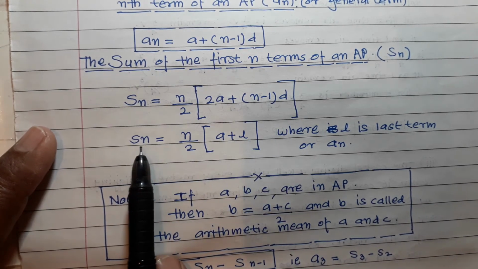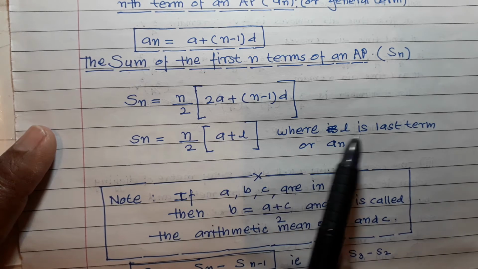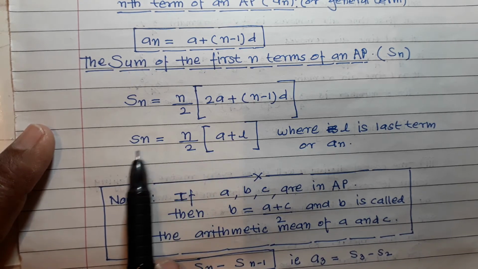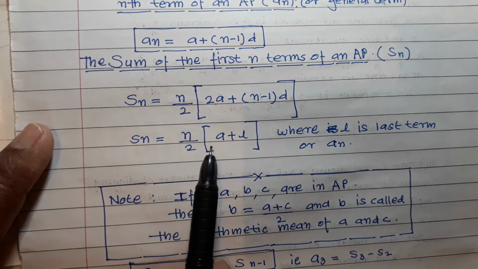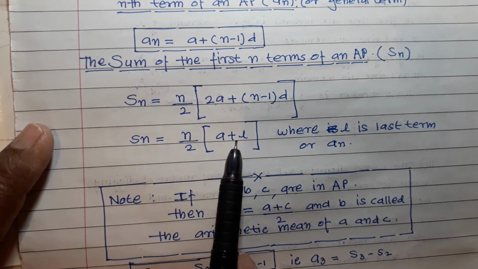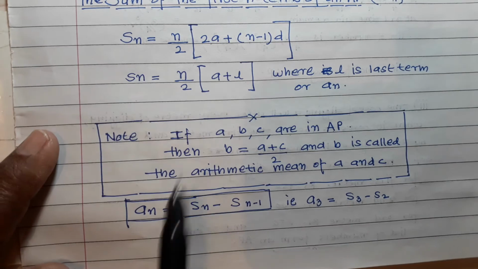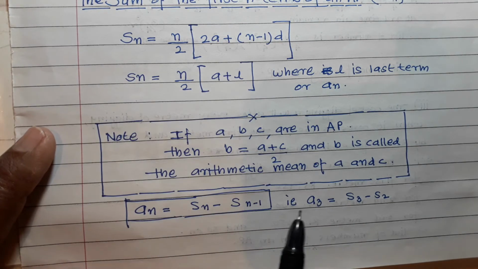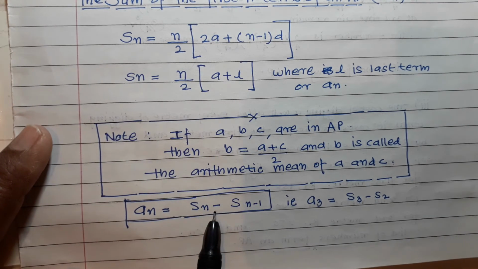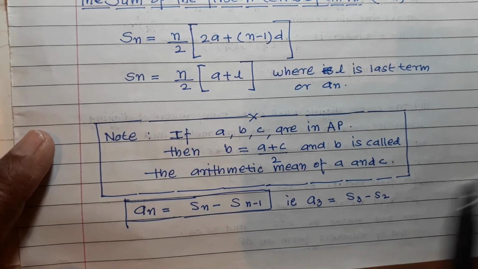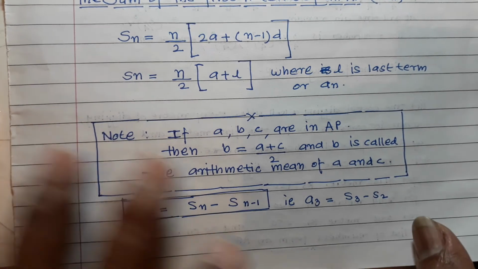And the other formula, when L, the last term, is given, then Sn is equal to n upon 2 into (a plus L). If you remember all these formulas, then you can solve any question from AP.